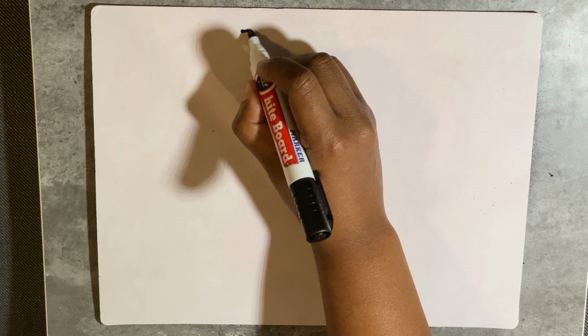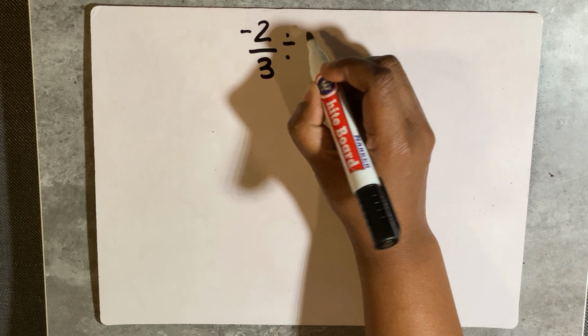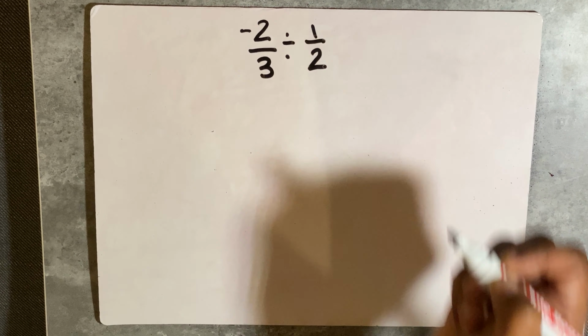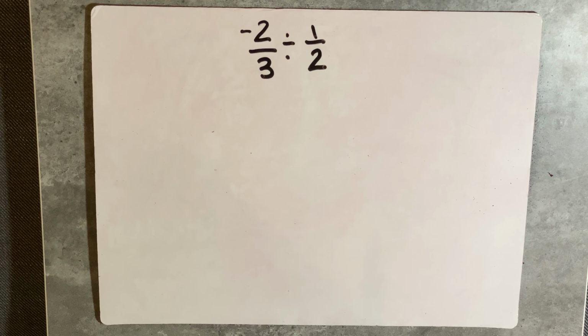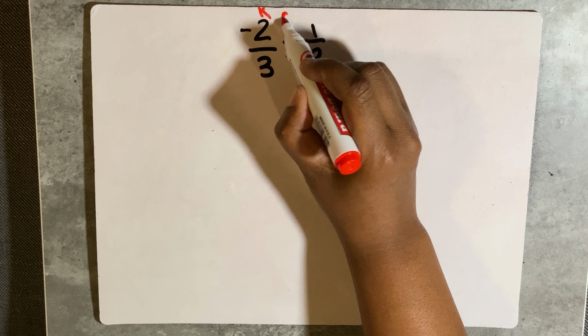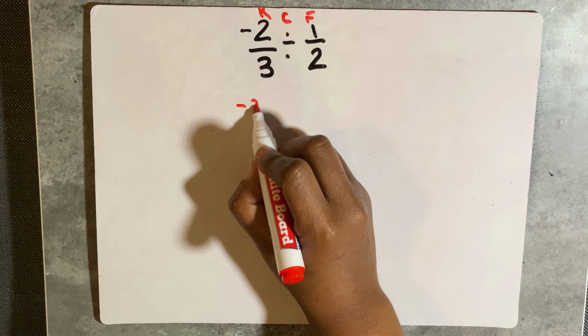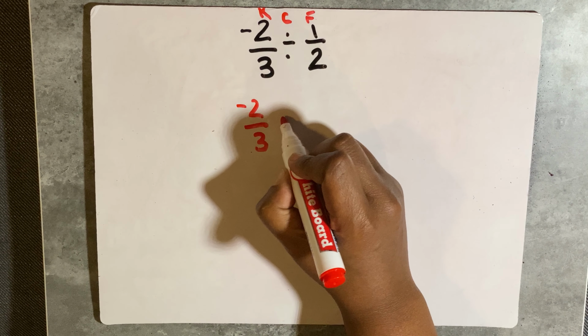So let's try one that has a different sign. Negative 2/3 divided by 1/2. Keep, change, flip first, right? So let's do it. This stays the same.